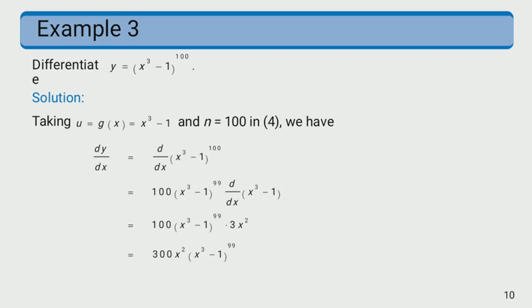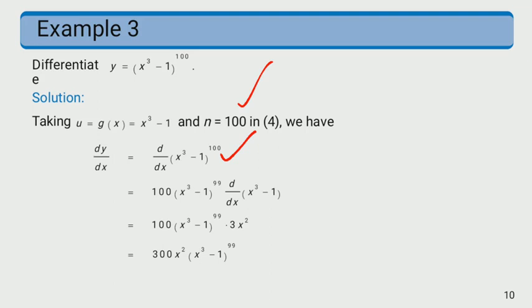So let's look at if we can apply this to a simple example. y is equal to x cubed minus 1 raised to power 100. Looks like a monster, but our n in this case we can take to be 100. And then now do the derivative. Remember, we take the derivative of the outer function.